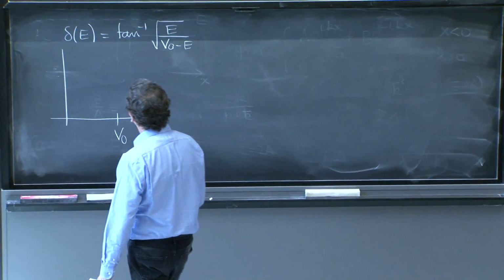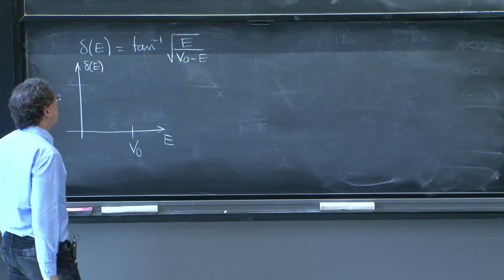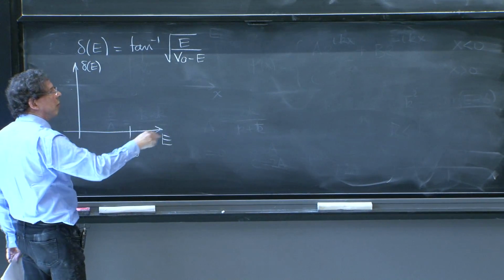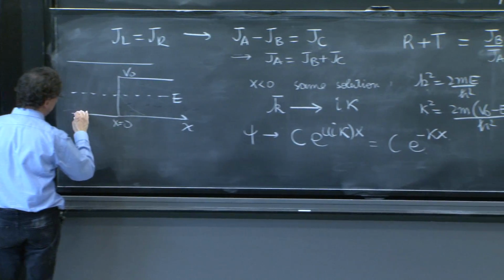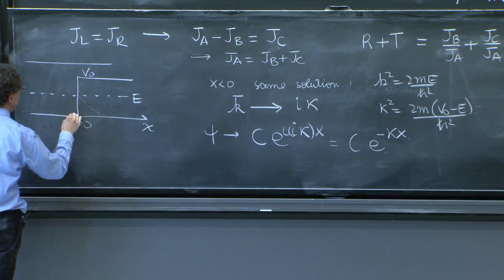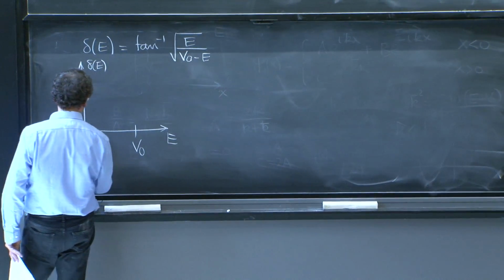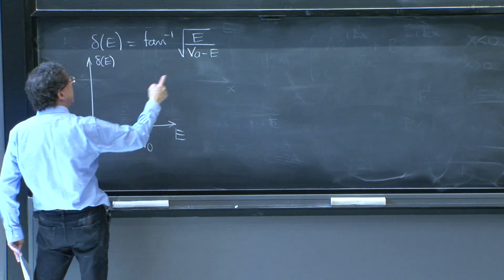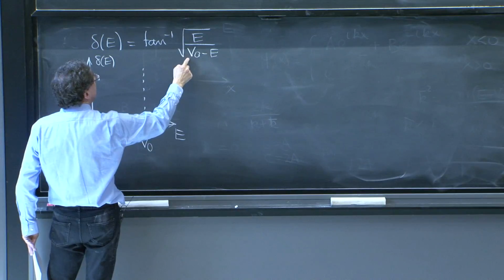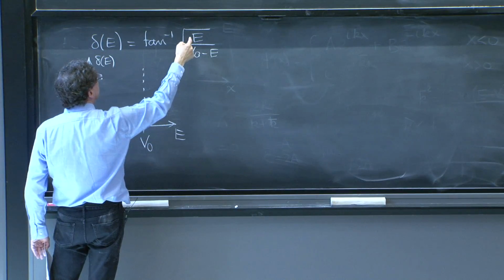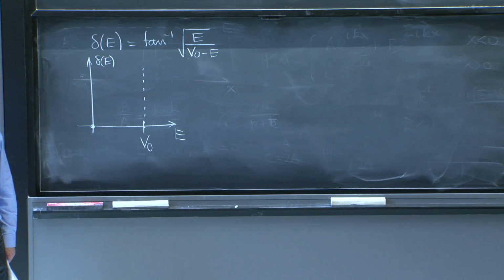And here is delta of E, the phase shift. When the energy is 0, when the particle you're sending in, or the packet, is very low energy, then the phase shift is the arctangent of 0, which is 0. As the energy goes to the value V naught, the denominator goes to 0, the ratio goes to infinity, and the arctangent is pi over 2.